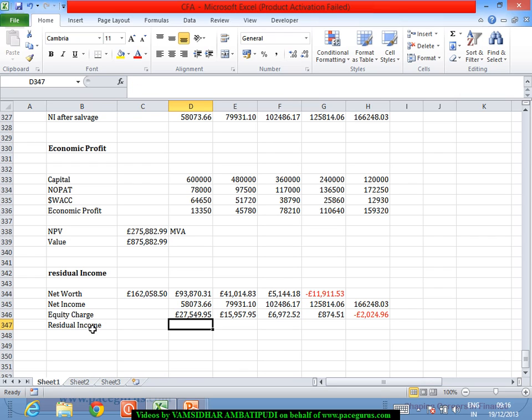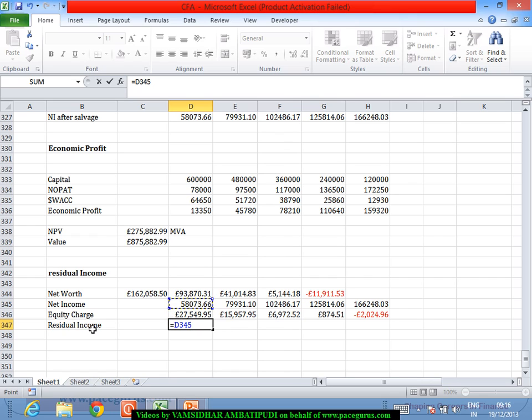What excess the company's equity profit, or the net income, is above the expectations of the equity investors corresponding to the equity capital that is present.